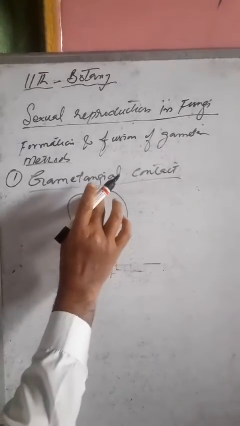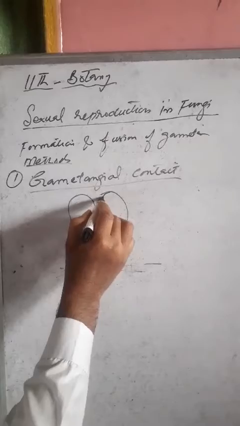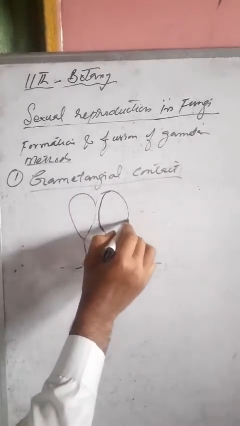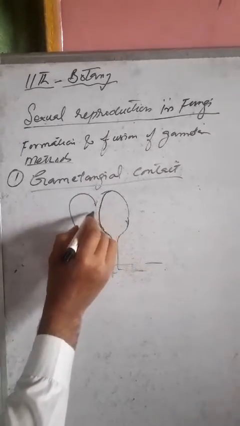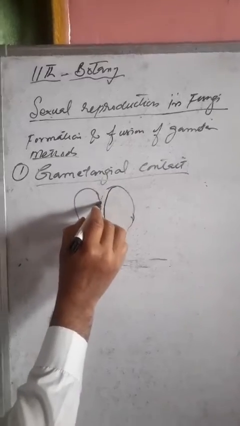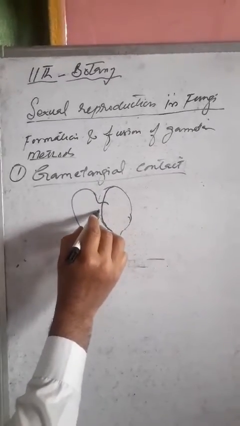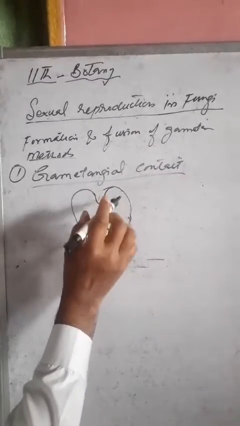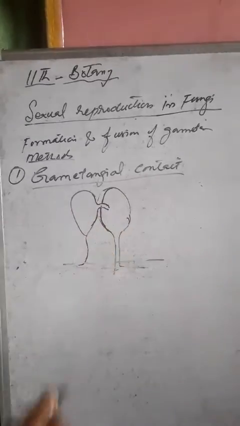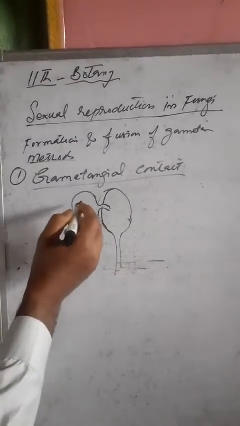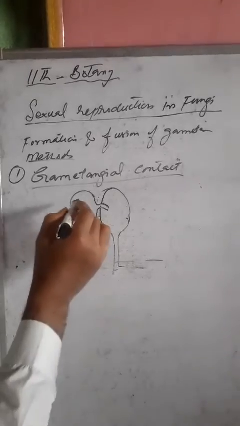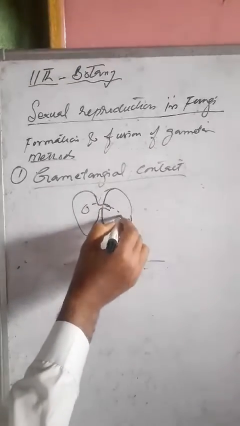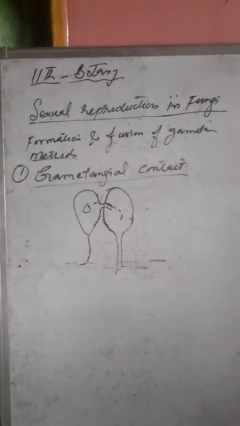Then from the male one, or from the positive strand, a fertilization tube is formed. From the male gametangium, it pours its contents into the female gametangium.